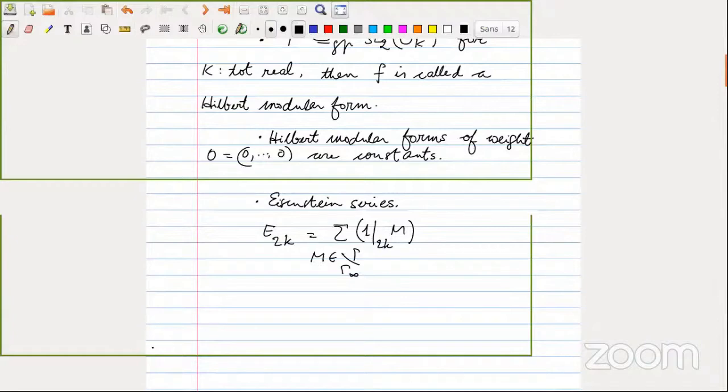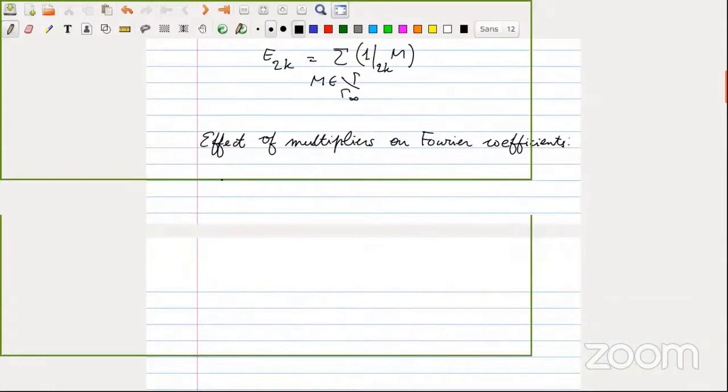To do that, we first look at the effect of the multipliers on the Fourier coefficients. So let's look at this.